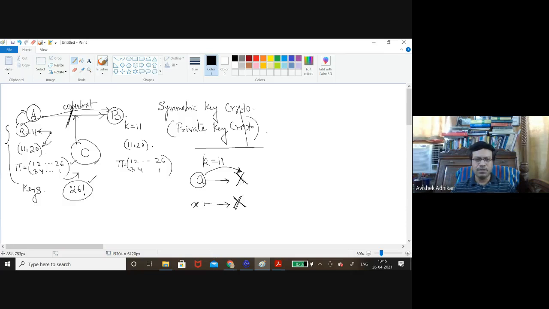That's why frequency analysis comes into play. Why does frequency analysis work? Because in the cipher text, you just need to check how many times each alphabet occurs. For example, you consider all the alphabets and check how many times A occurs, how many times B occurs, and so on up to XYZ.